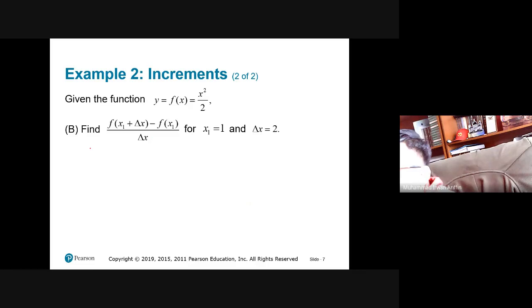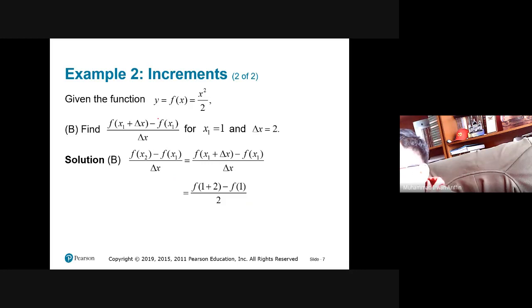Okay? So next would be, how do we find the difference quotient? The difference quotient. From the previous example, from part A, we already know the change.